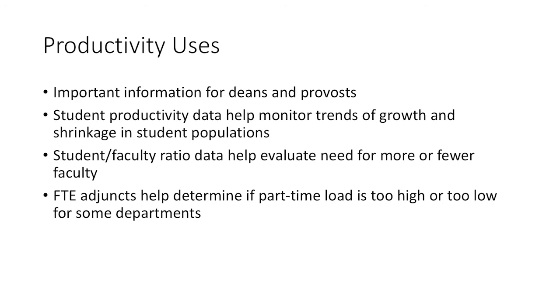FTE adjuncts is one of those important numbers as well, because it may be that a university can set a target for how many FTE adjunct faculty a department should have before they hire a full-time faculty member. Because adjuncts are usually much cheaper, they're usually not benefit-eligible people, they usually are paid a lower wage, it may be that you have to hit a particular threshold in a department for FTE adjuncts before you are even eligible to hire a new full-time faculty member.